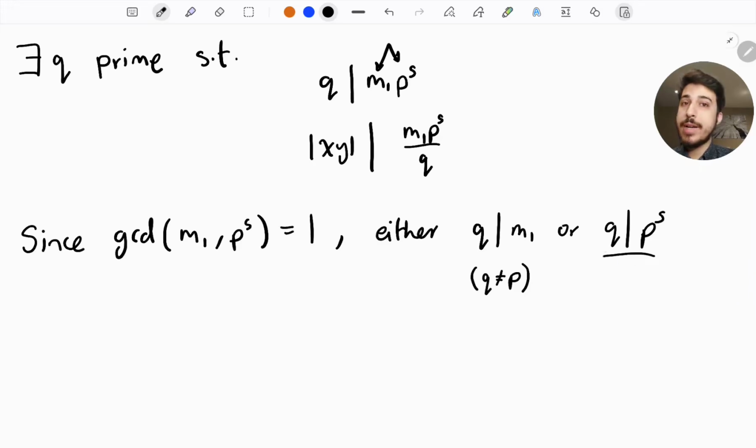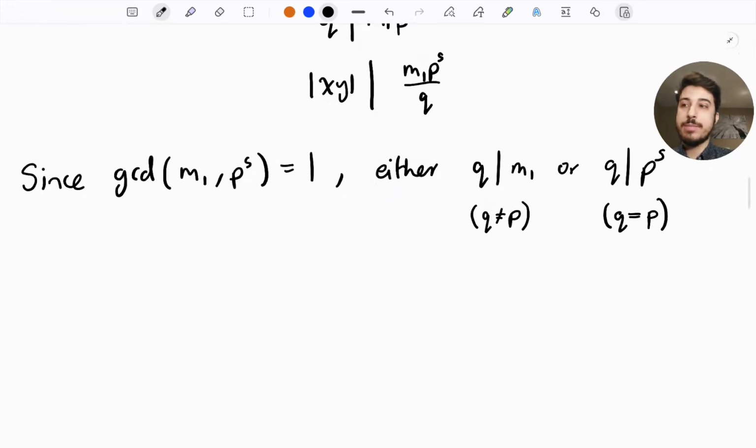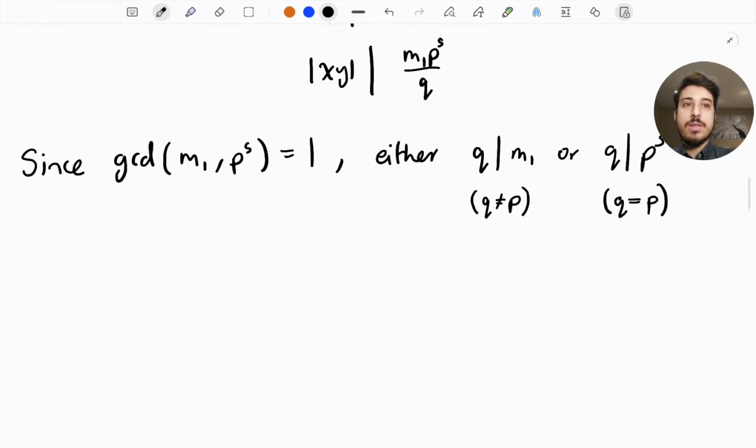If q divides p to the s, then because q is a prime and the only prime in the factorization of p to the s is p, necessarily q is equal to p. So either q is not equal to p or q is equal to p. So if q divides m1, we hope to arrive at a contradiction.